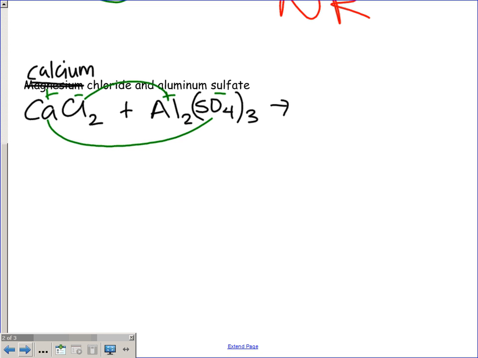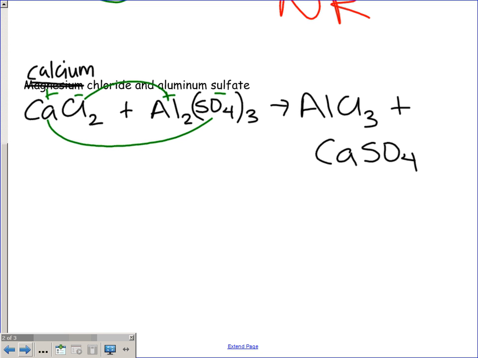And that's going to form AlCl3, right? Aluminum has a plus 3, chlorine has a negative 1, so that forms AlCl3. Plus, now I need to bond calcium and sulfate. Calcium has a plus 2 charge and sulfate has a negative 2 charge. So that's actually going to form CaSO4. Drop the charges because they cancel.